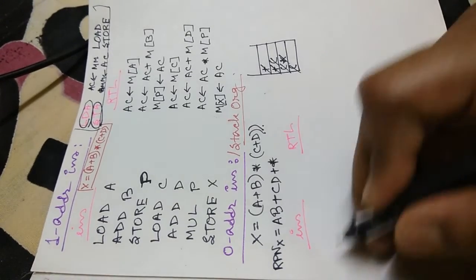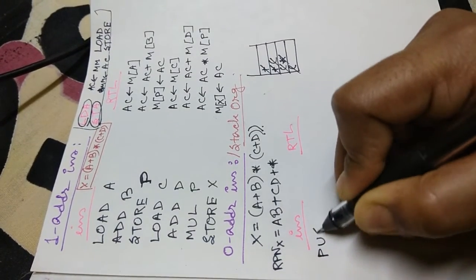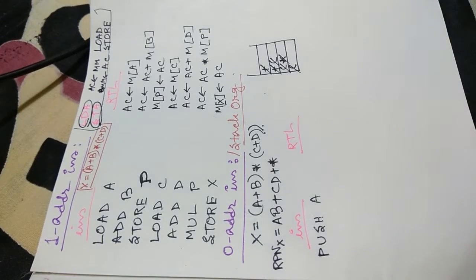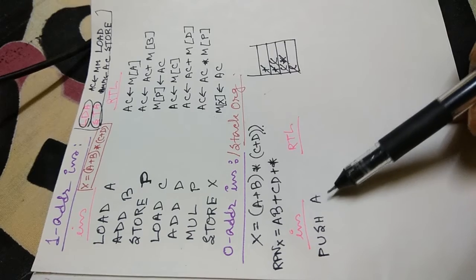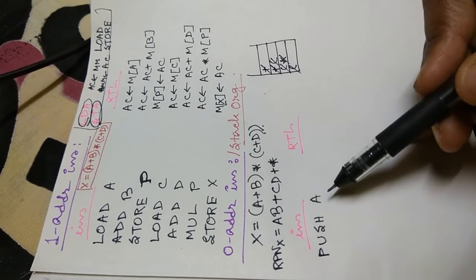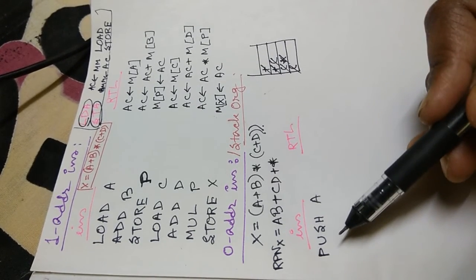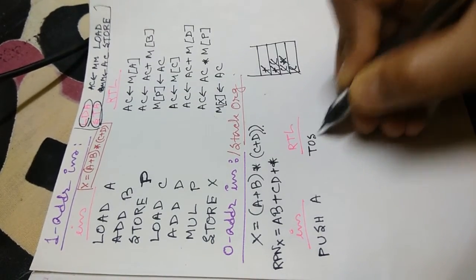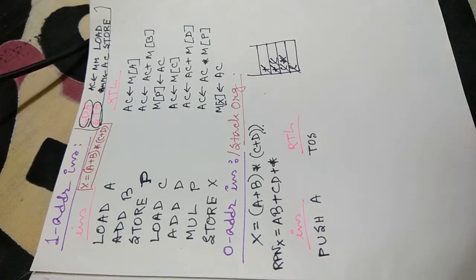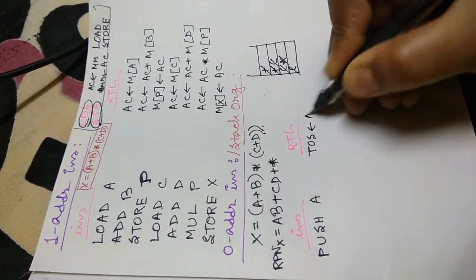So I'm writing push A, right? Push A means the content from location A is pushed onto the top of the stack. So top of the stack, TOS, abbreviated, contains what? A. Okay.